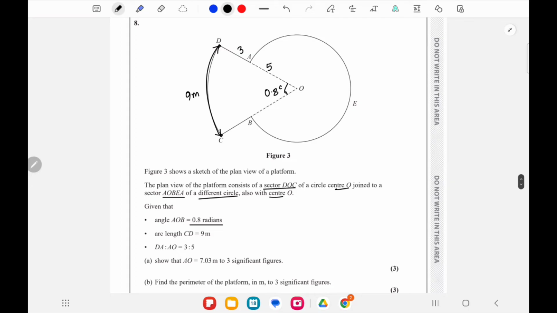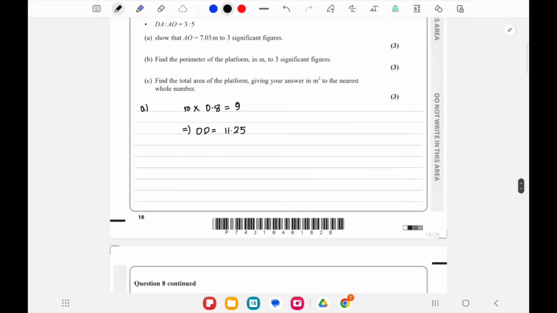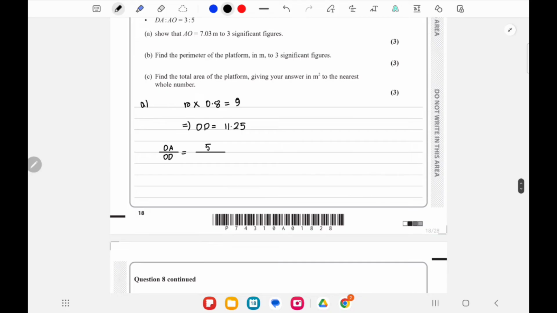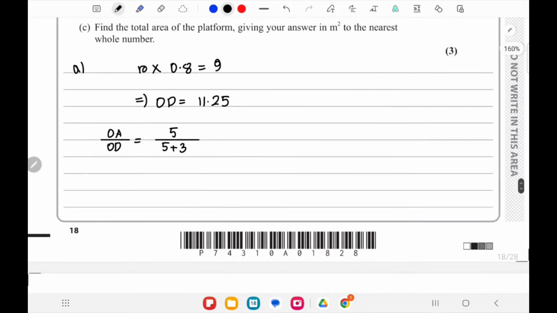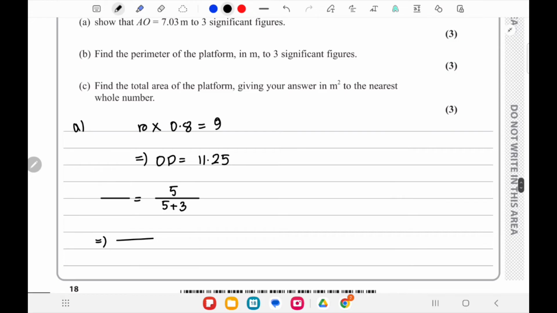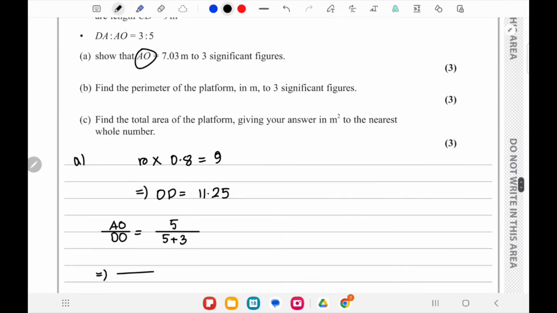Now we are given AO is to AD. So OA by OD will be 5 over 5 plus 3. We know the value of OD, so instead of OA, I'll just write AO and DO just for convenience.